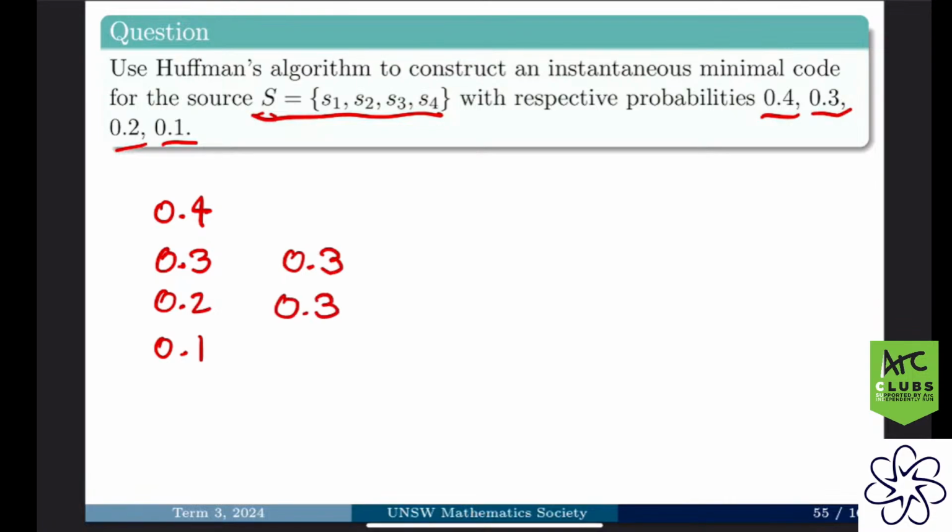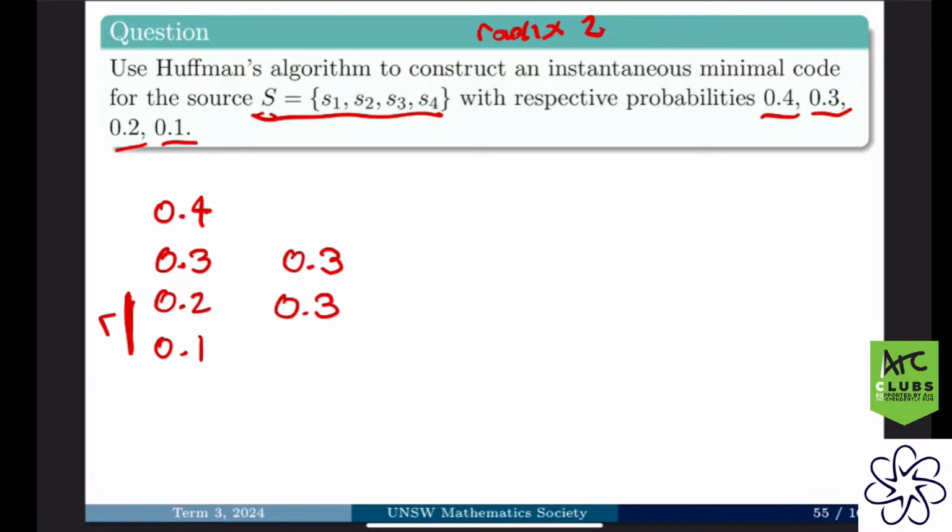What I'm going to do is take these last two; we're in radix 2. The reason we're in radix 2 is because it doesn't state otherwise. I guess the Huffman algorithm is also defined as radix 2, and then we modify it to be radix 3 after. But this is just a true thing about the world.